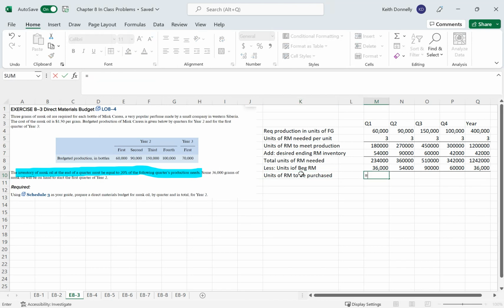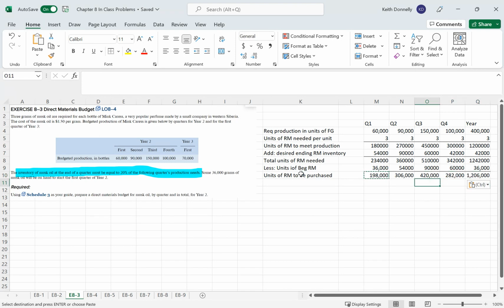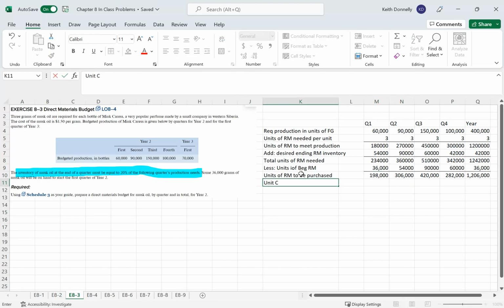purchase. All right, so if we do the 234 minus the 36,000, 198, 306, 420, 282, 1206. They're telling us a unit cost of $1.50.